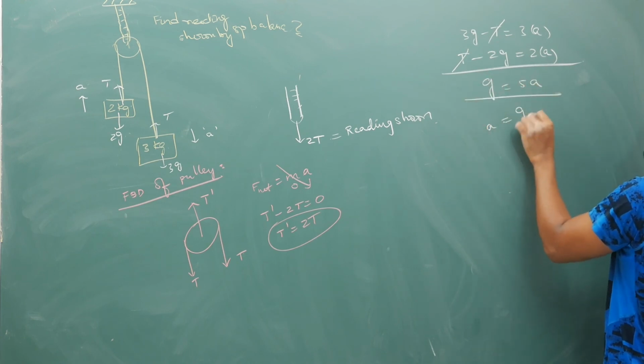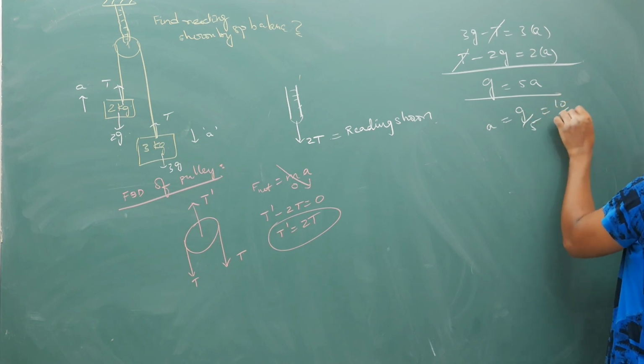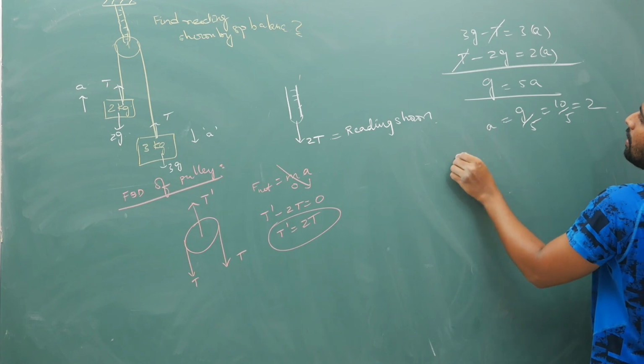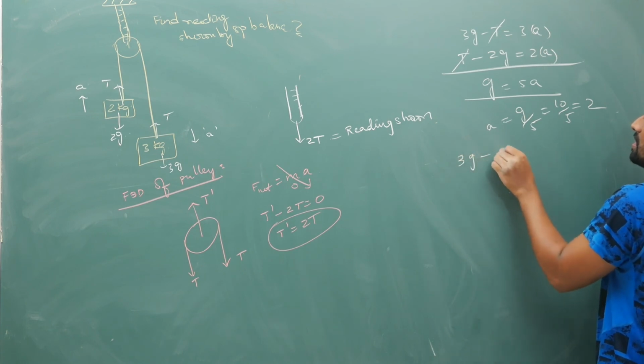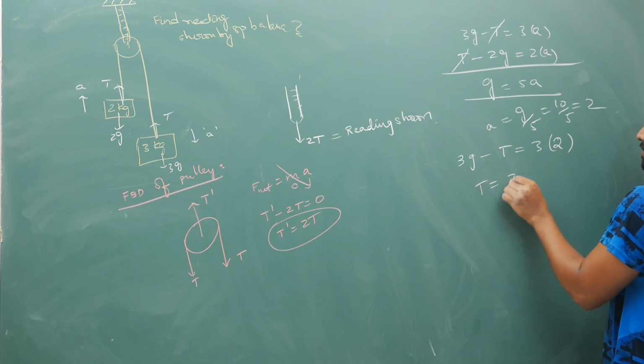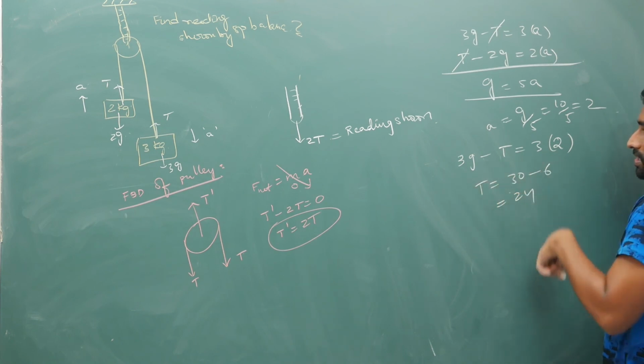So your acceleration is g by 5, that is 10 by 5, that is equal to 2. Now coming to your tension, 3g minus T is equal to 3 times 2, so T is equal to 30 minus 6, that is equal to 24.